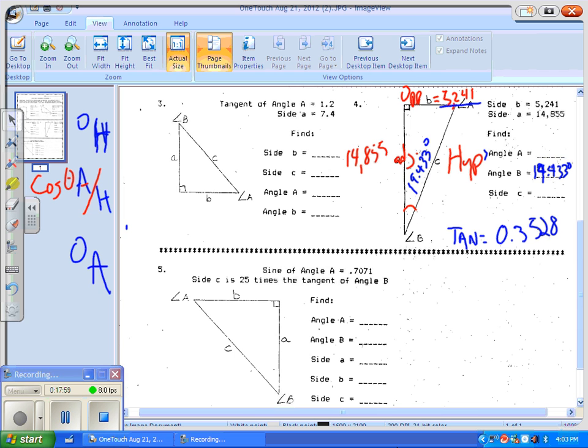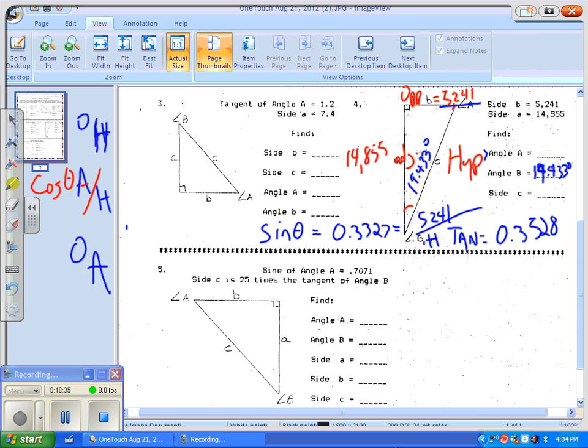Let's take the sine, second function answer, and it says the sine of this angle is 0.3327, and that's equal to, and we have the side opposite, we're given that. So we're going to take this out, and we're going to put in 5,241 divided by h.